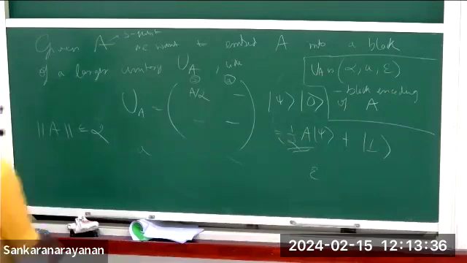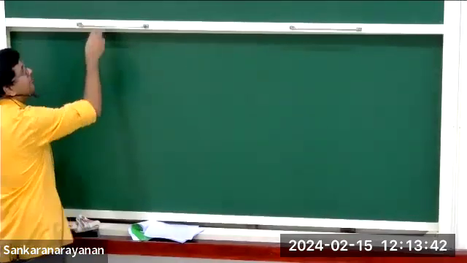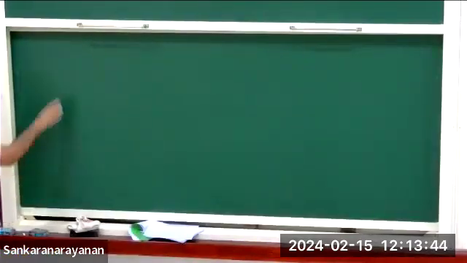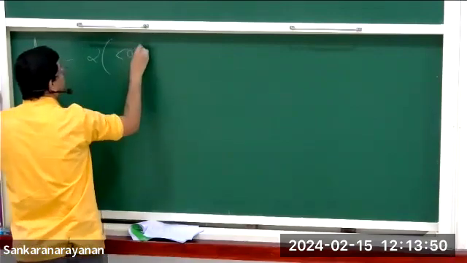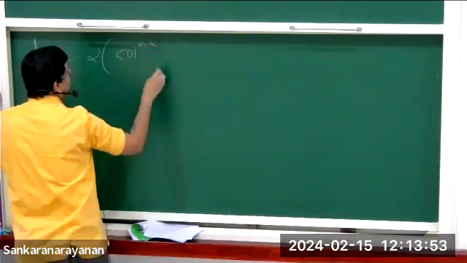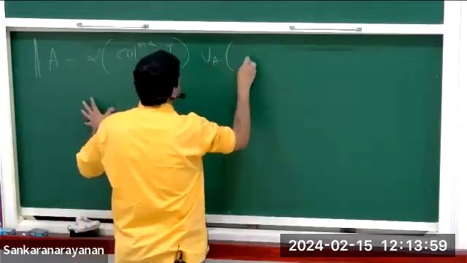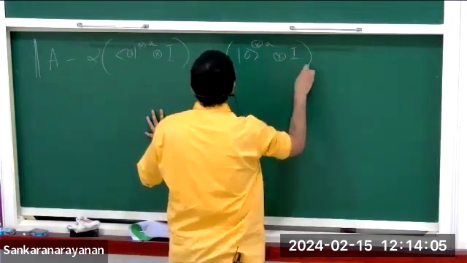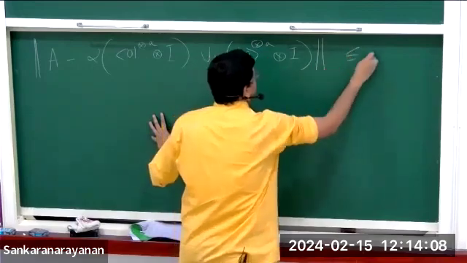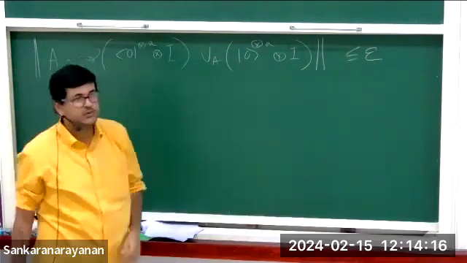Okay. So U_A is an (alpha, a, epsilon) block encoding of A if this condition is fulfilled.